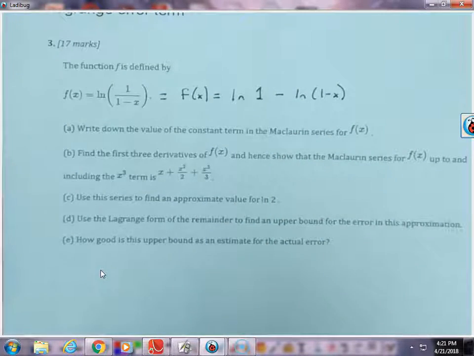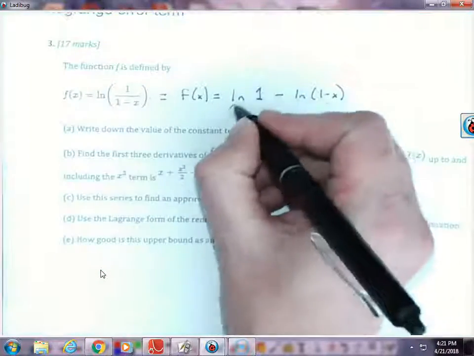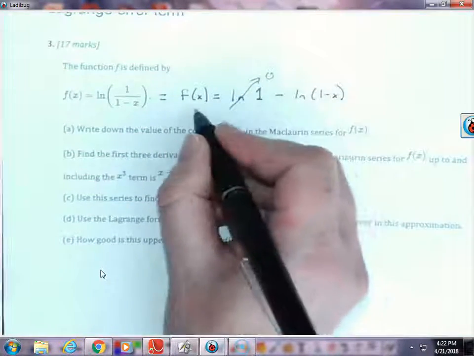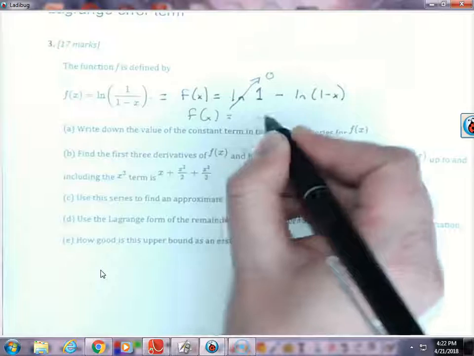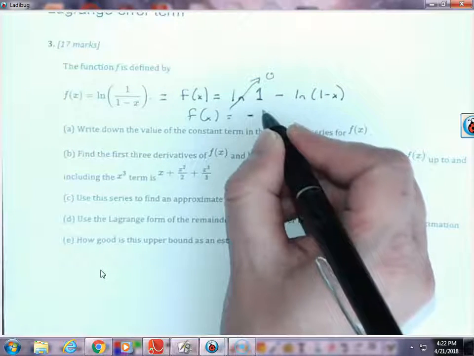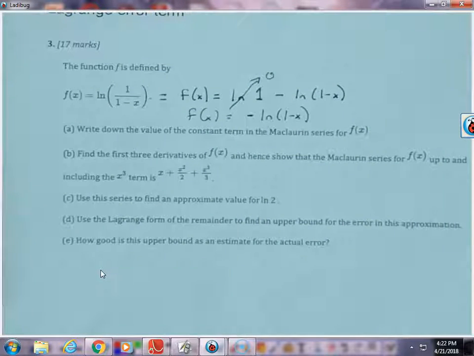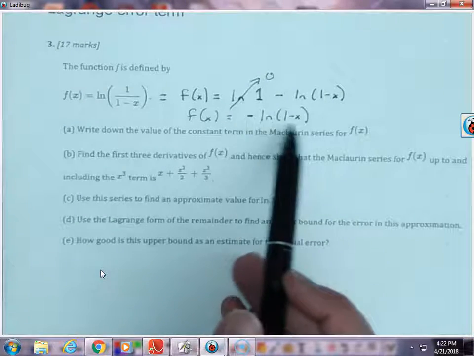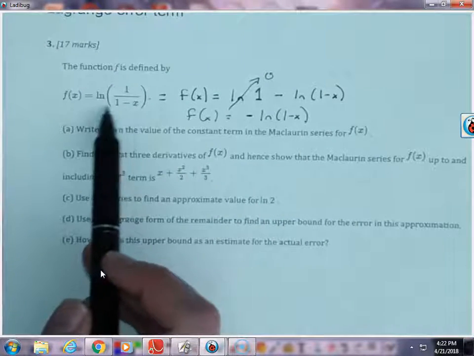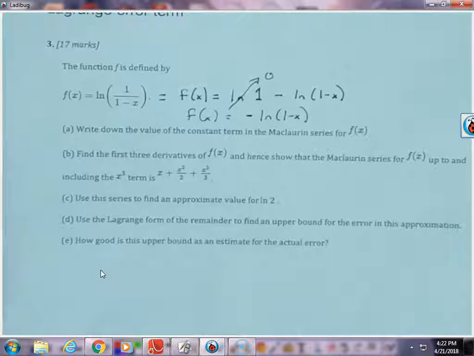And so when I do that, the natural log of 1 is 0. So the function itself can just be simplified to be negative the natural log of 1 minus x. Now that doesn't particularly matter as far as doing the very first part of the problem. I could do that just as easily with or without the simplification. But when I go to take a series of derivatives, it's going to be a lot easier to take the derivative of this than it is to take the derivative of this, just algebraically simpler.